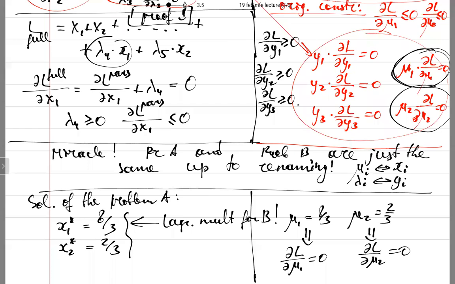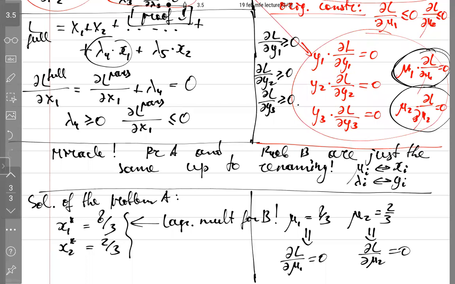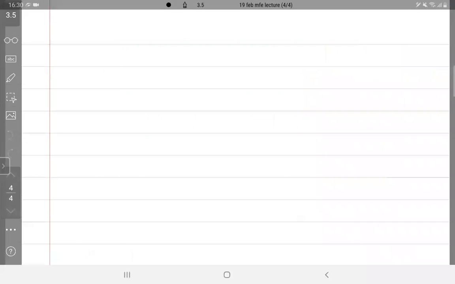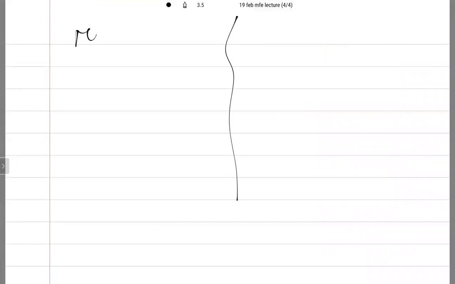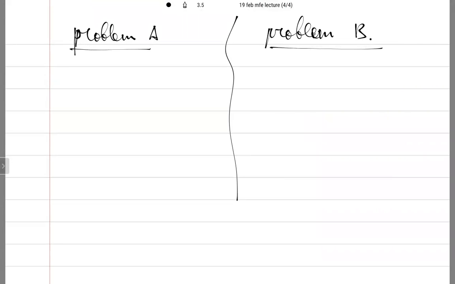Okay. So now let's move on. So this is problem A, and this is problem B. So x1 star, I will copy all the results.